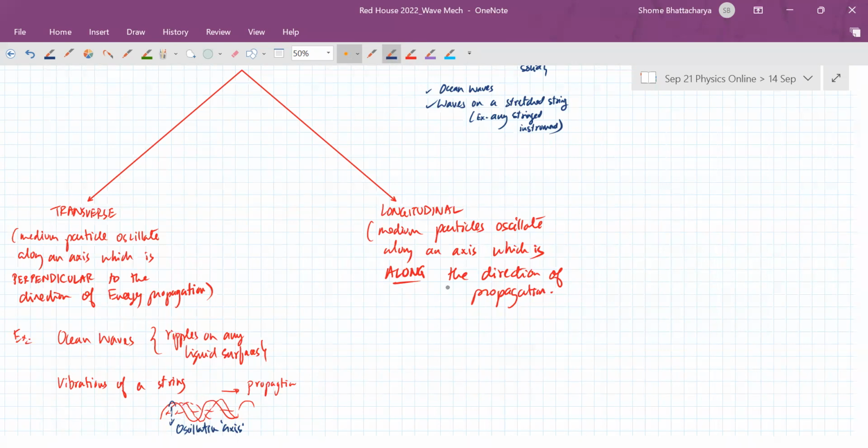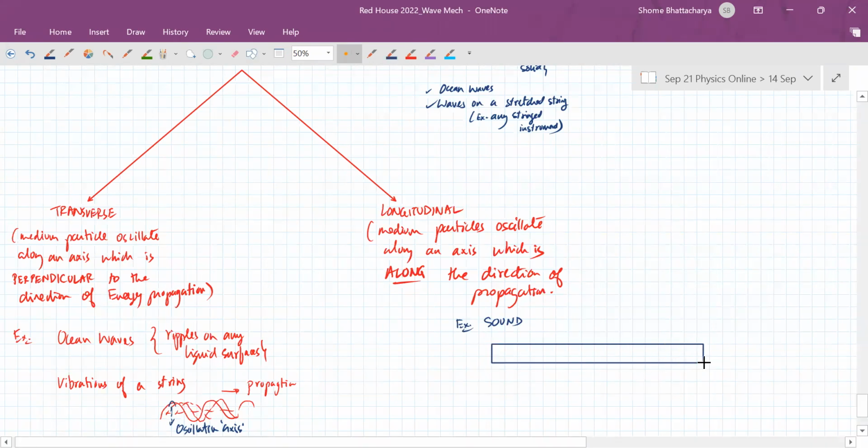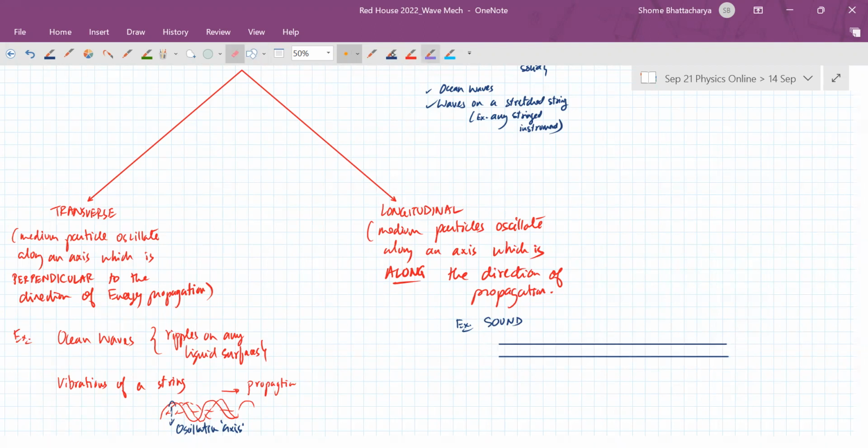Whereas sound is the most common example of a longitudinal wave. For example, if you visualize this kind of situation, you have an air pipe, or what is called a sound pipe or an organ pipe. You think in terms of musical instruments, wind pipes, or they are specifically called organ pipes. Now, if we create a disturbance at one end, like a tuning fork has been sounded, so it's going back and forth like this.